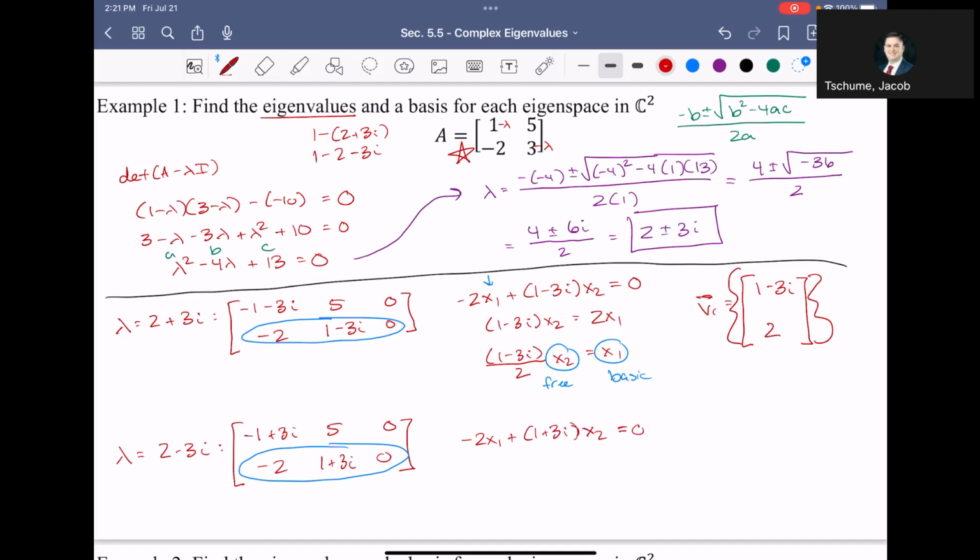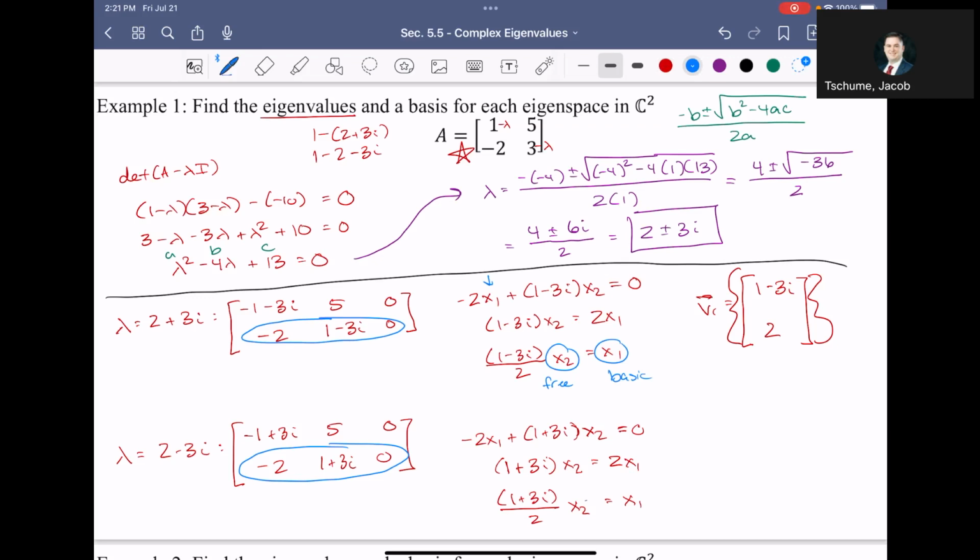Solving for x1 again, you should get (1 plus 3i) times x sub 2 is equal to positive 2x sub 1, and thus (1 plus 3i) all divided by 2 times x sub 2 should be x sub 1.